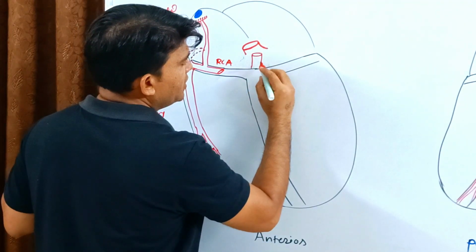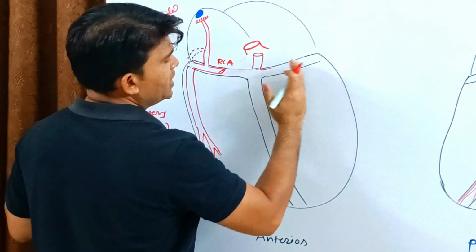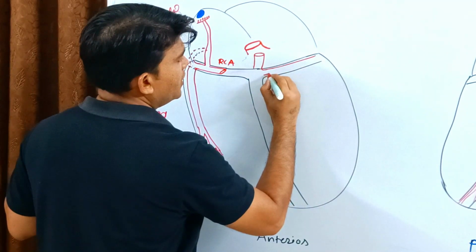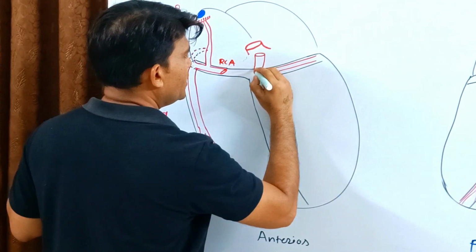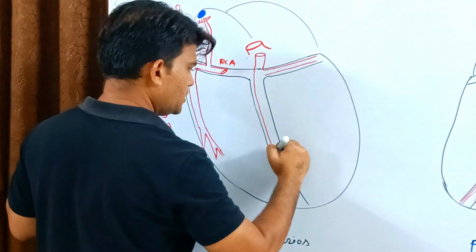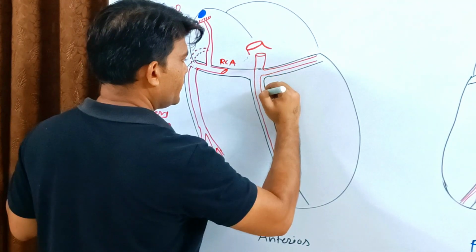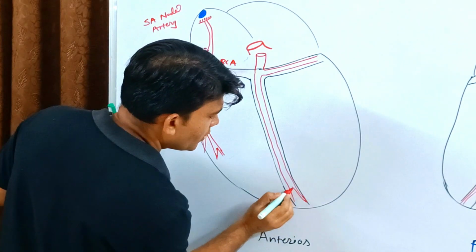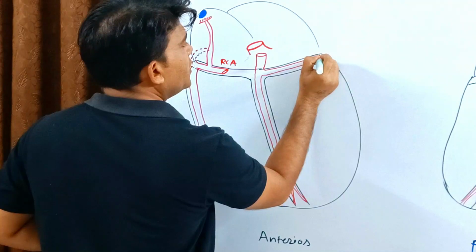One branch goes directly to the left side of the atrioventricular sulcus, and another branch travels in the anterior longitudinal sulcus, and it will then travel posteriorly.